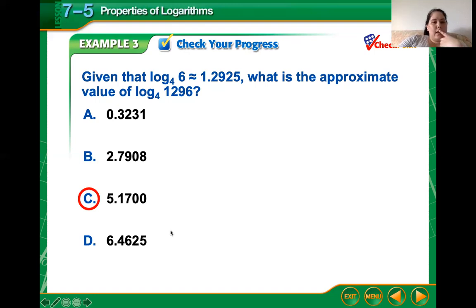I would use a scientific calculator, and you would find that 6 to the 4th is equal to 1296.